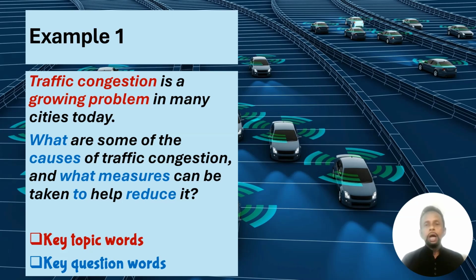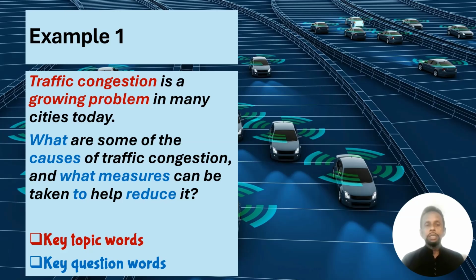In another video, I discuss the three types of questions you get in the examination. They are opinion, argument, two question or problem solving. Let's take a further look at this. Traffic congestion is a growing problem in many cities today. In that we have indicated some words in red. Those are the key topic words.